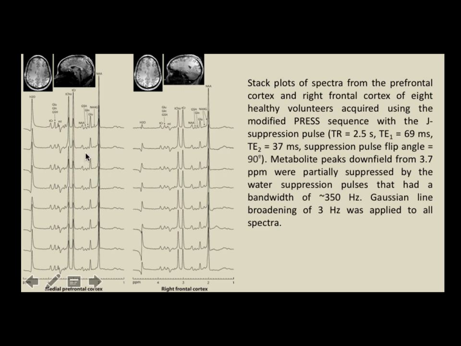Other people cannot get spectra like this, with a sharp glutamate peak, and the glutamine peak is visible. You see the glutamine peak, the glutathione peak. And it's also very clear the glutamate peak in the gray matter is higher than in the white matter. You can see the glutamate peaks here are higher than in the white matter.